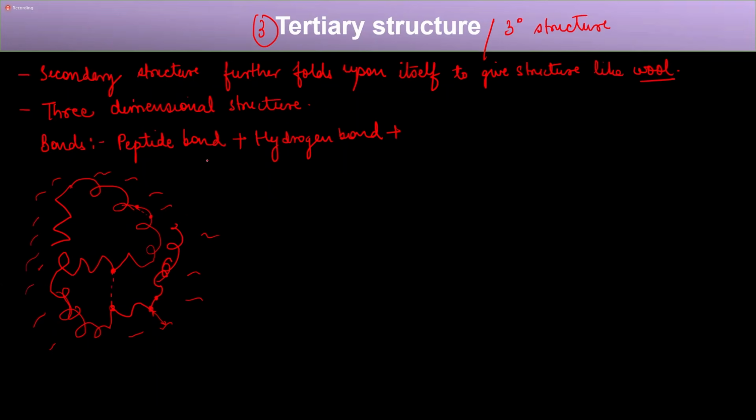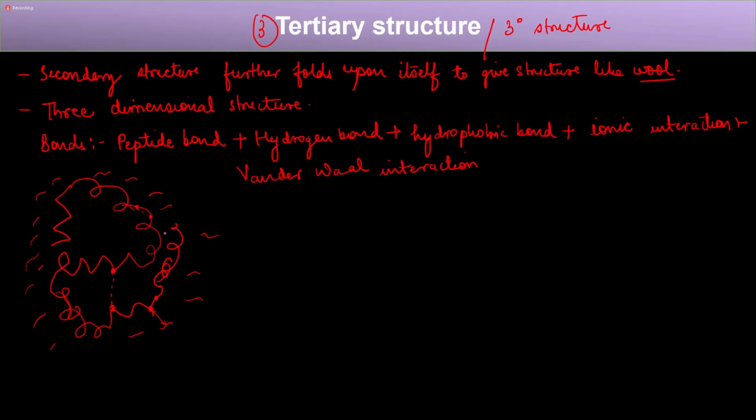Along with the peptide bond and hydrogen bond, because of the non-polar amino acids, it will have hydrophobic interaction, or you can say hydrophobic bond. Then, if there are two charged amino acids that interact with each other, it will have ionic interaction. It will have van der Waals interaction, right?